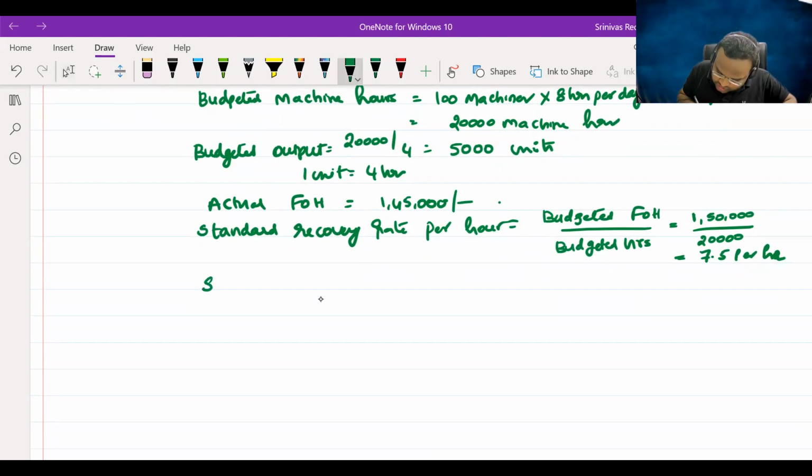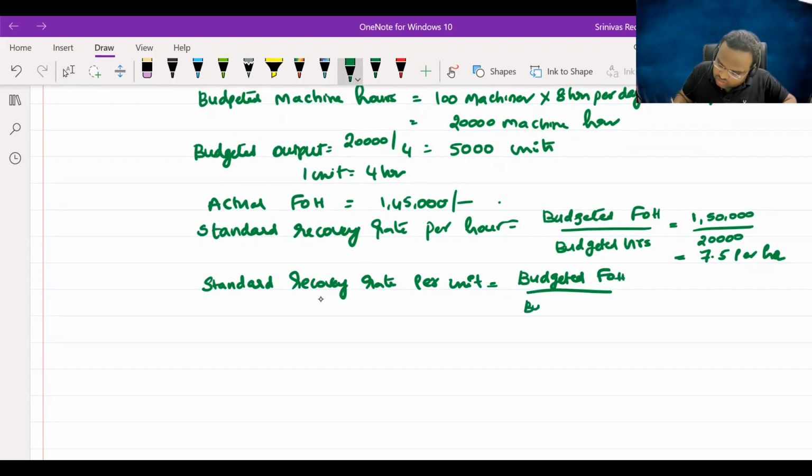If you want to calculate the standard recovery rate per unit, budget fixed overhead divided by budget output. 1,50,000 divided by what is the budget output? 5,000, so 30 rupees.